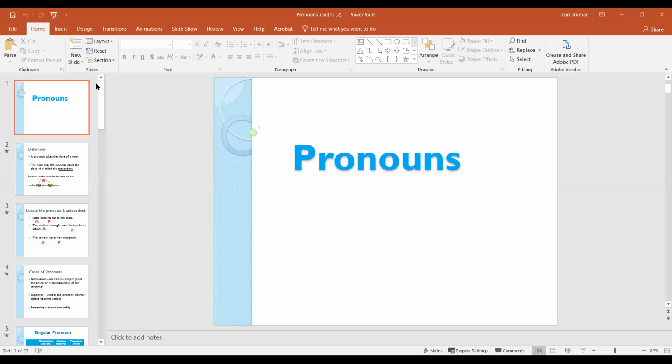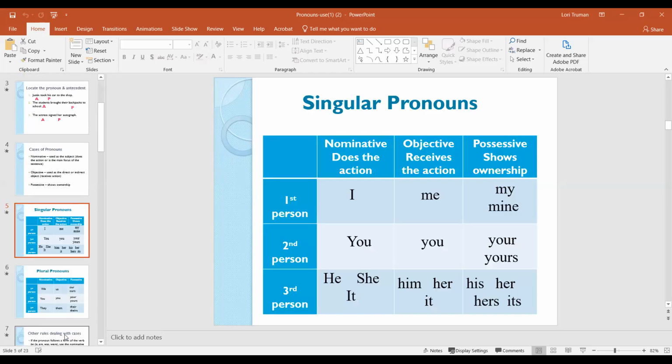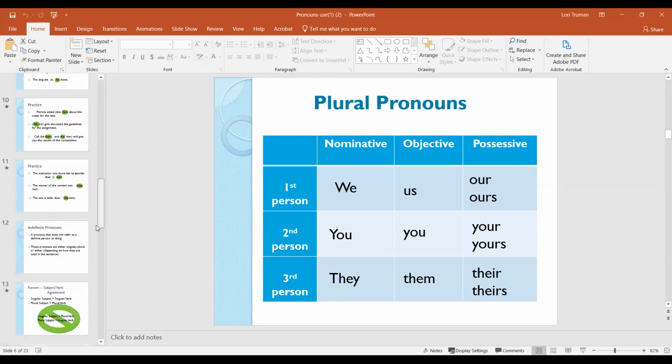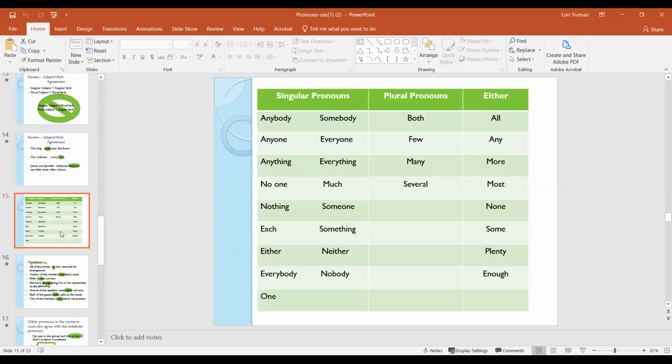I realize that pronouns are simple in form, but as you can see, there's lots of rules to it. And probably the part that students miss the most is I versus me and some of the singular and plural indefinite pronouns. But if you will go back and print this chart and the plural chart and the indefinite pronoun chart, I think that will help you when you're doing some of this practice with pronouns this week.